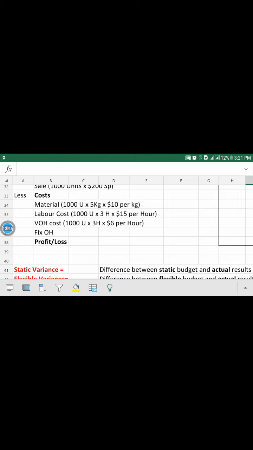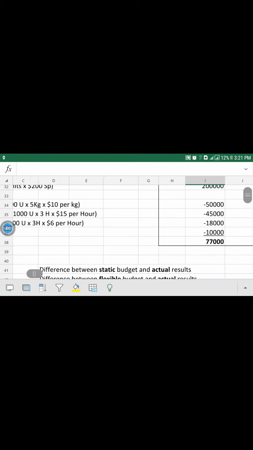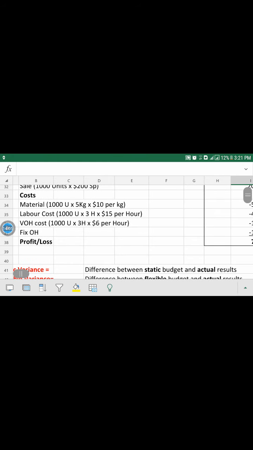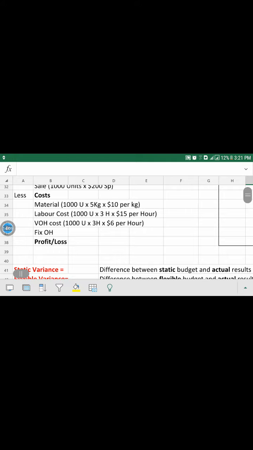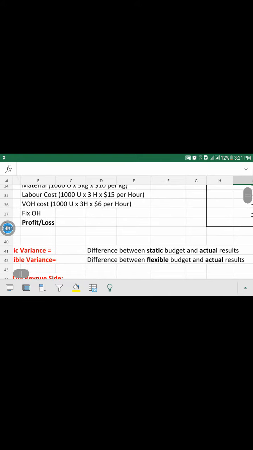Now we have a variable overhead cost. So what would be the variable overhead cost? Variable overhead cost is also the same way. 1,000 into 3 into 6, because it is also the same. So we will calculate the total cost at the end, and then all the costs will be deducted from the sales price, and then we will get the profit.